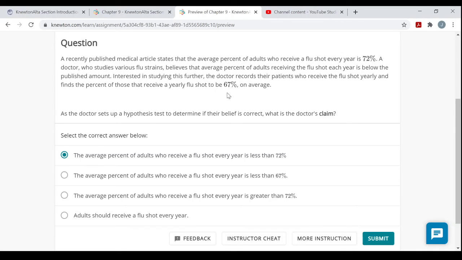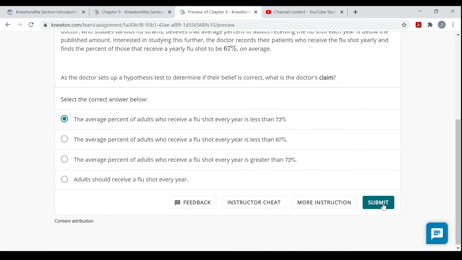The sample average was 67%, and then from that sample, we would calculate a test statistic, a z-score or t-score, based on the hypotheses, and then go from there. But the claim is this here, that they believe that the percent of adults who receive the flu shot is less than 72%.